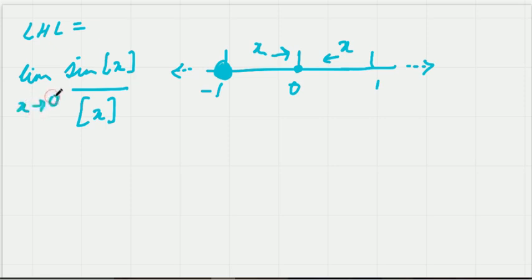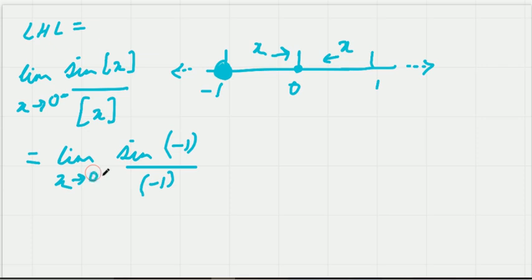As x tends to 0 from the left hand side, what do we have? We have the greatest integer less than 0 will be minus 1. So this is equal to limit sine of minus 1 upon minus 1, as x tends to 0.